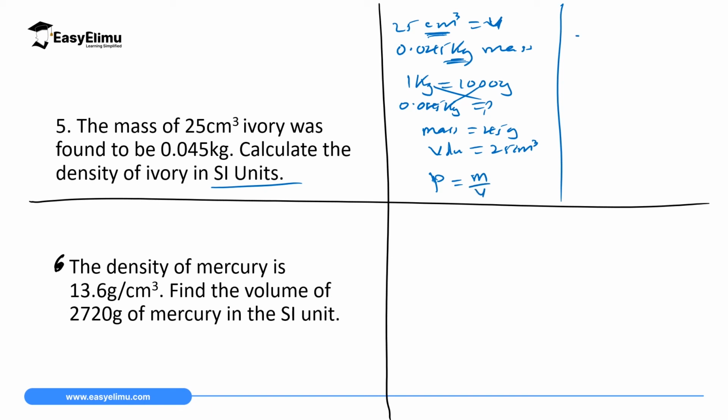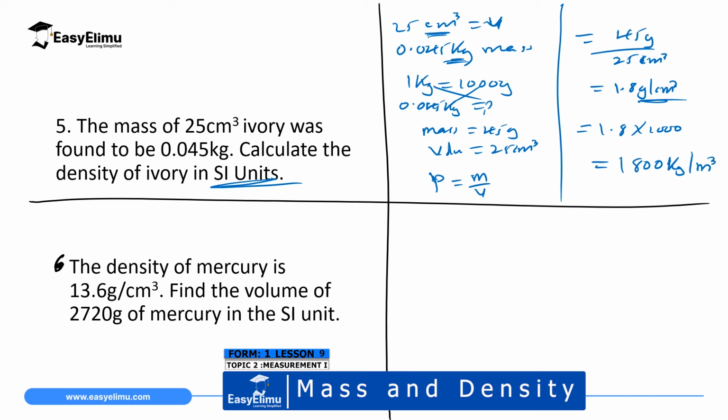So it will be 45 grams over 25 cubic centimeter, which is going to give us 1.8 grams per cubic centimeter. Then if we want to convert it to SI unit, when you have grams per cubic centimeter and you want to convert to kg per cubic meter, you multiply by 1000. So our answer will be 1.8 times 1000, which is going to be 1800 kg per cubic meter.